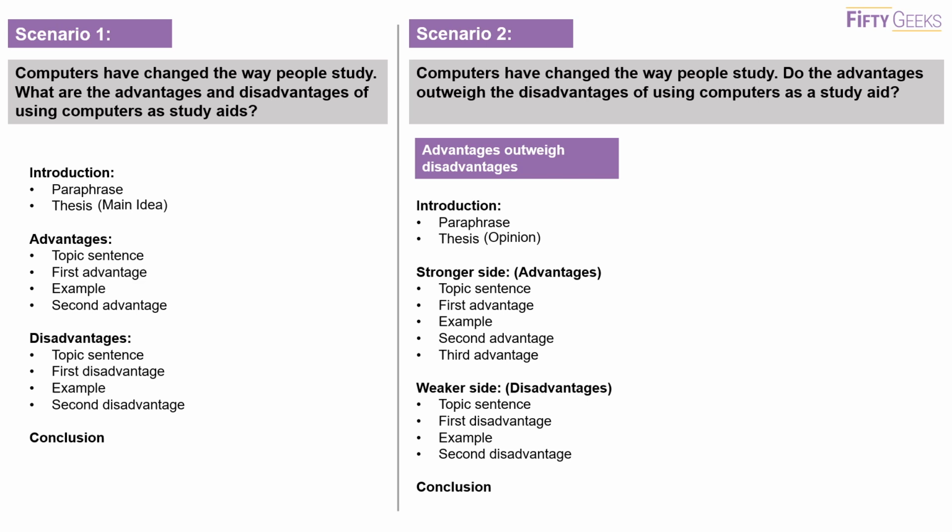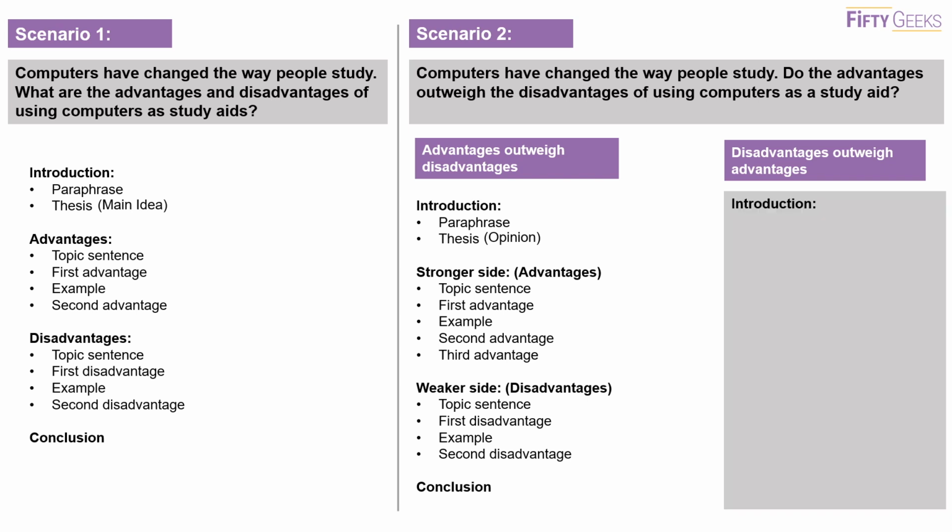And the second option is when you want to prove that disadvantages outweigh advantages. In that case, we have to write an introduction in which we paraphrase the question and write the thesis statement. Here in the thesis statement, we will give our opinion about why the disadvantages are stronger than the advantages.